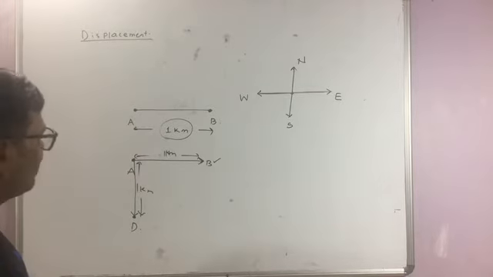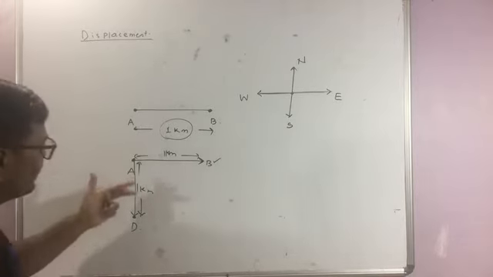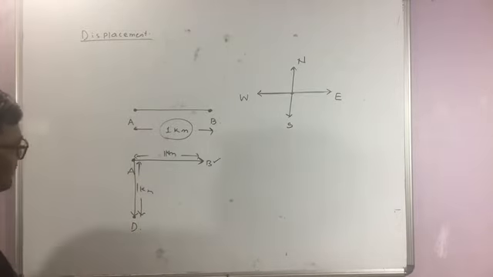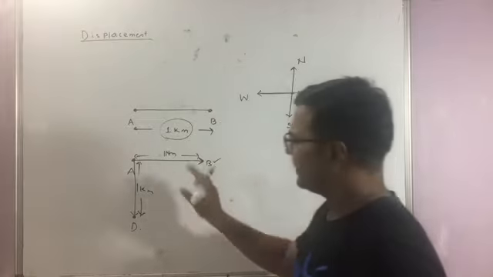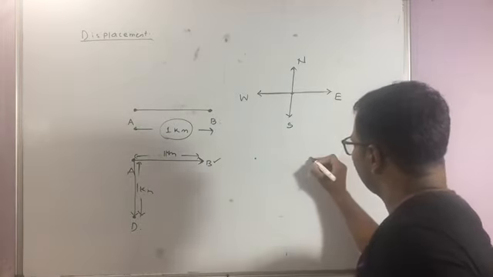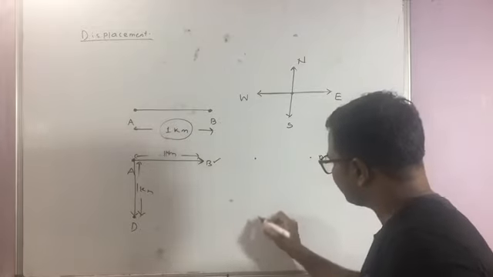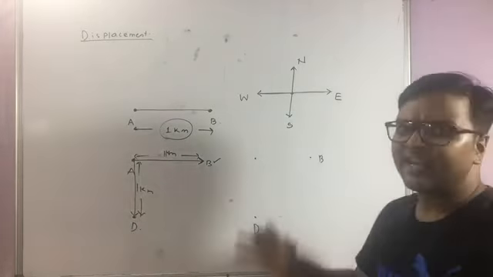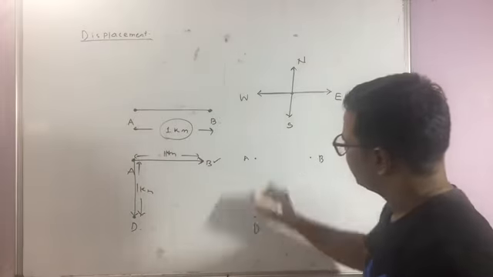To explain displacement in a more elaborate manner, suppose one person is moving to point B and another person is moving to point D, choosing any path. Got it?